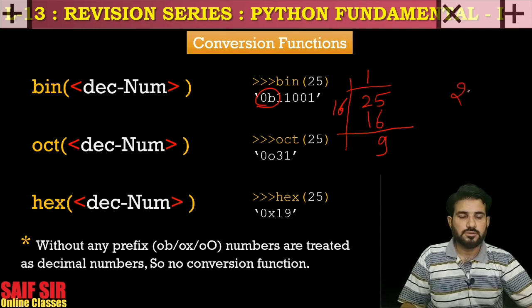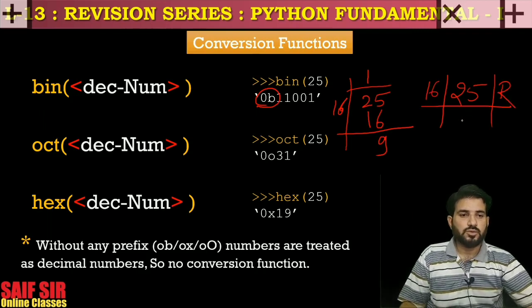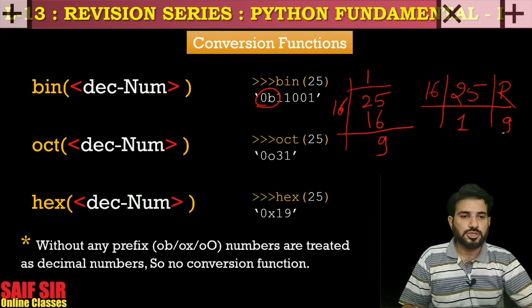So 25 divided by 16, here I want a remainder. I'm writing the quotient here. So my quotient is 1 and my remainder is 9. So this way the answer is 1, 9.